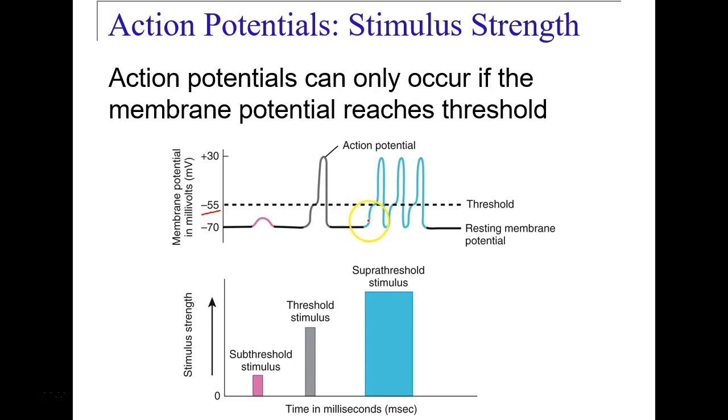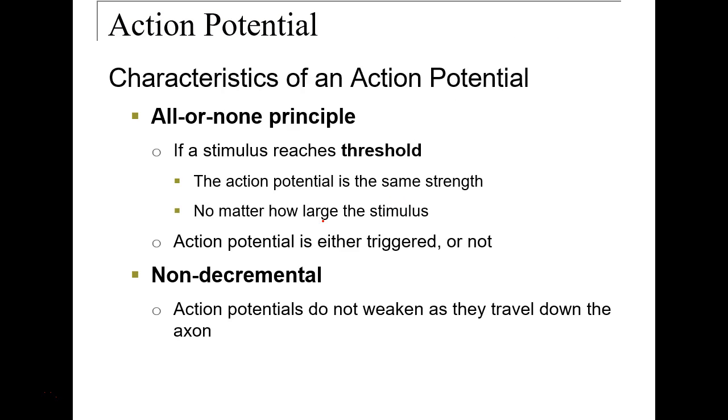If our stimulus is strong enough to reach negative 30, we still have the same action potential. Now, if that stimulus holds on for a while, we can create multiple action potentials, but the mere strength of the stimulus will not cause a change in the type of action potential. This is our all-or-none principle. So we either reach threshold and create an action potential, or we do not, and there is no action potential.